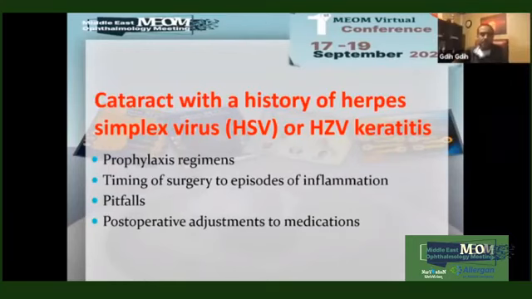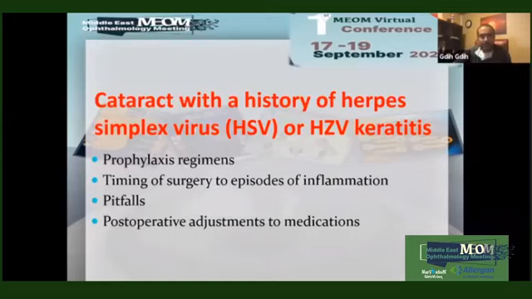Yeah, so basically what I have been doing is making sure that they have been stable with no recurrence in the last 6 months before considering cataract surgery. There are things we have to think about prior to the surgery, things during the procedure, and then after the procedure.